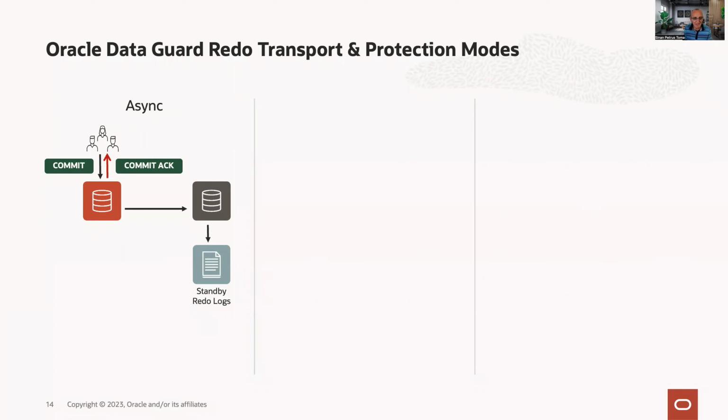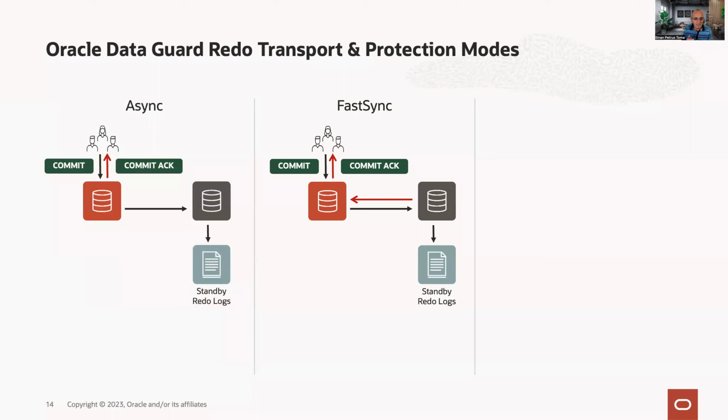This is what you usually know from the day-to-day work with the Oracle database. Then later on, at some point in time, usually immediately after that, but not synchronous, the redo is transported to the standby database and then written to the standby redo logs.